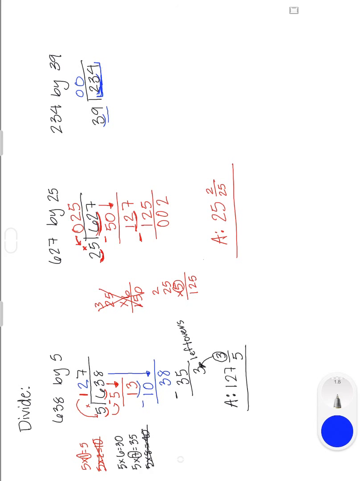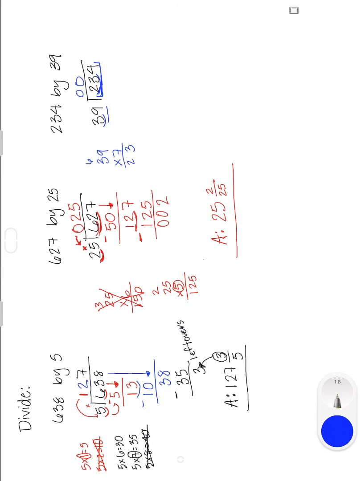Well, if we remember the times table of 3, we know that 3 times 7 gives you 21. That's less, right? 3 times 8 gives you 24. So that's above 23. So let's try 7. 7 times 39. 7 times 9 gives you 63.